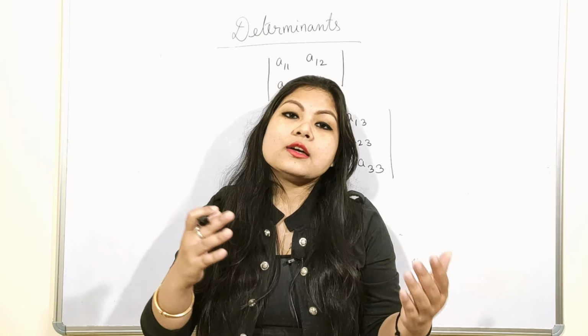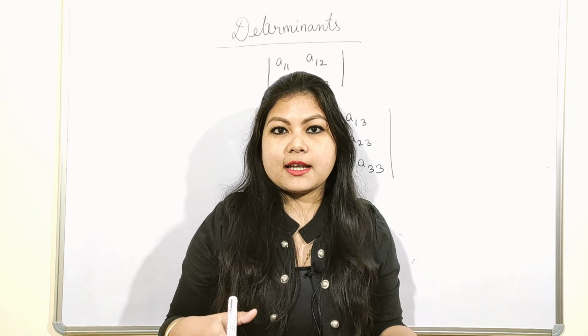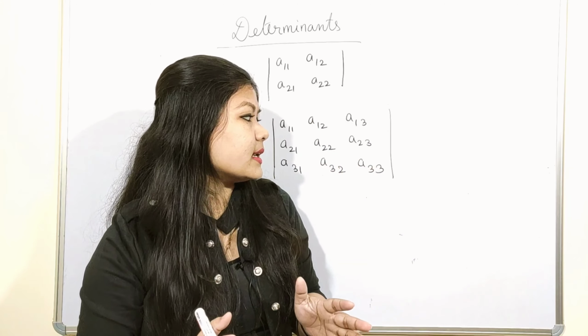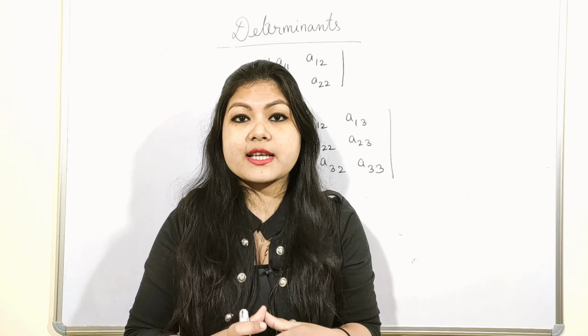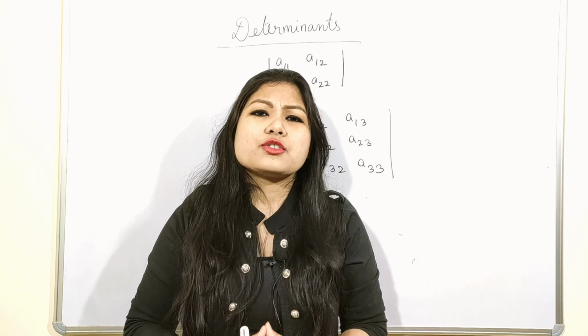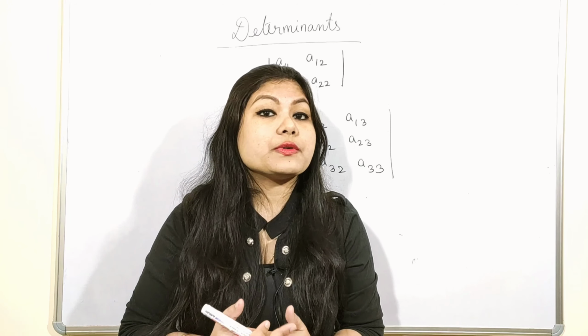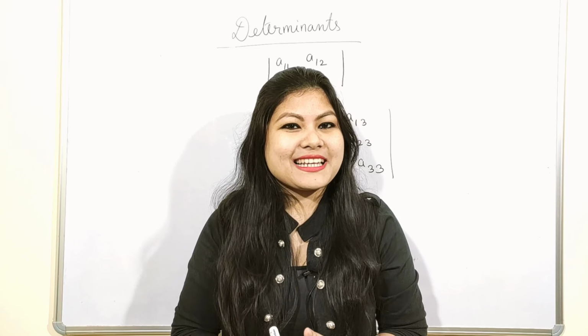And when three unknown variables are given, then we get 3 by 3 determinant. And we also learn about how to find out the value of a 2 by 2 determinant, that means which have 2 rows and 2 columns. So in this video we have discussed about this thing. In our next video we will discuss about how to expand when 3 by 3 determinant is given.